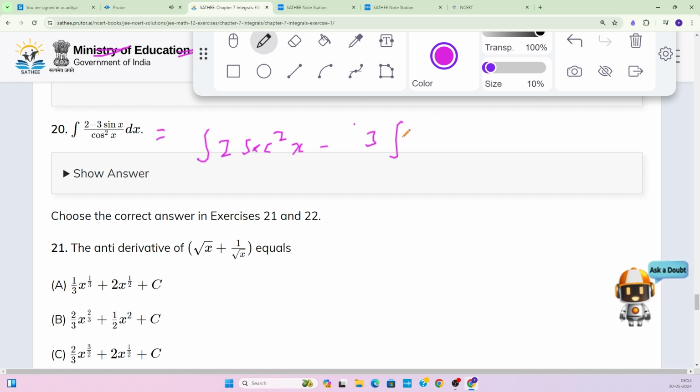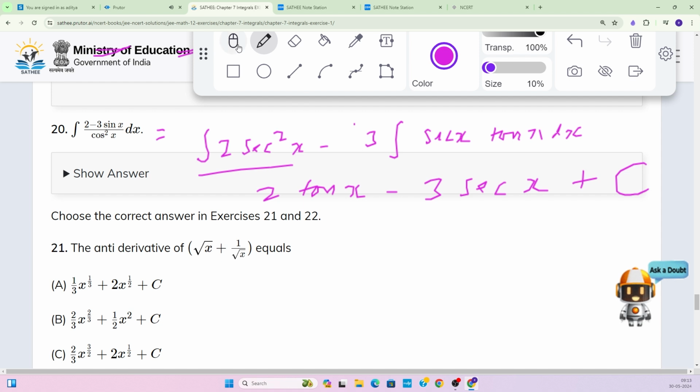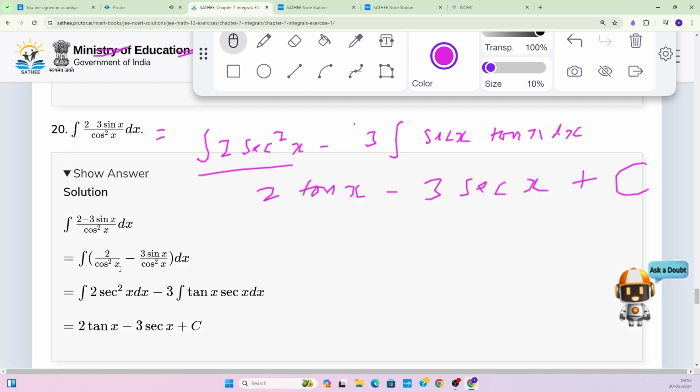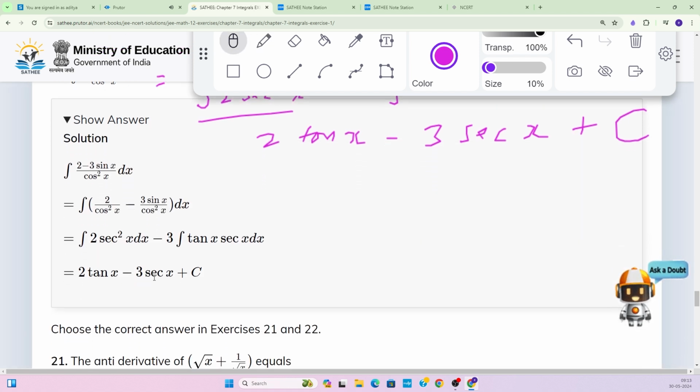So this will be 2 tan x minus 3 sec x plus some constant. I hope it is clear to you.